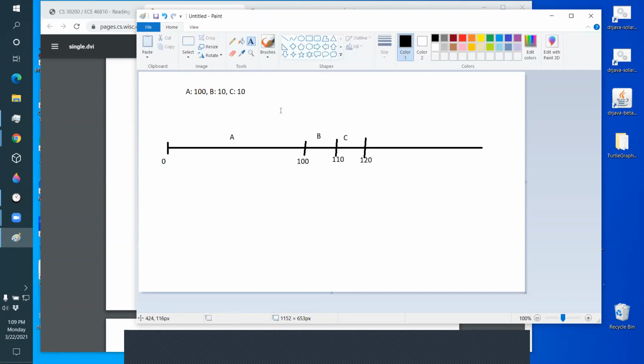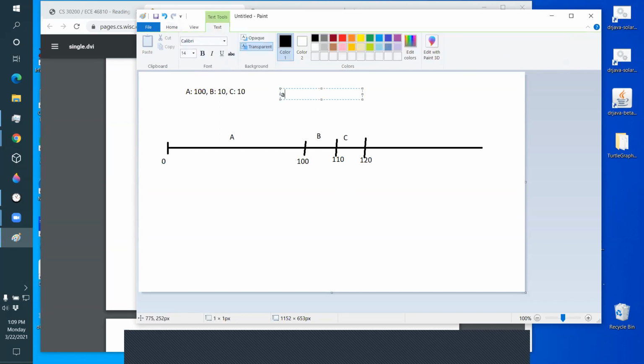All right. Now let's do some little calculations. Let's do the average turnaround time. A's turnaround time is 100. B's turnaround time is 110.